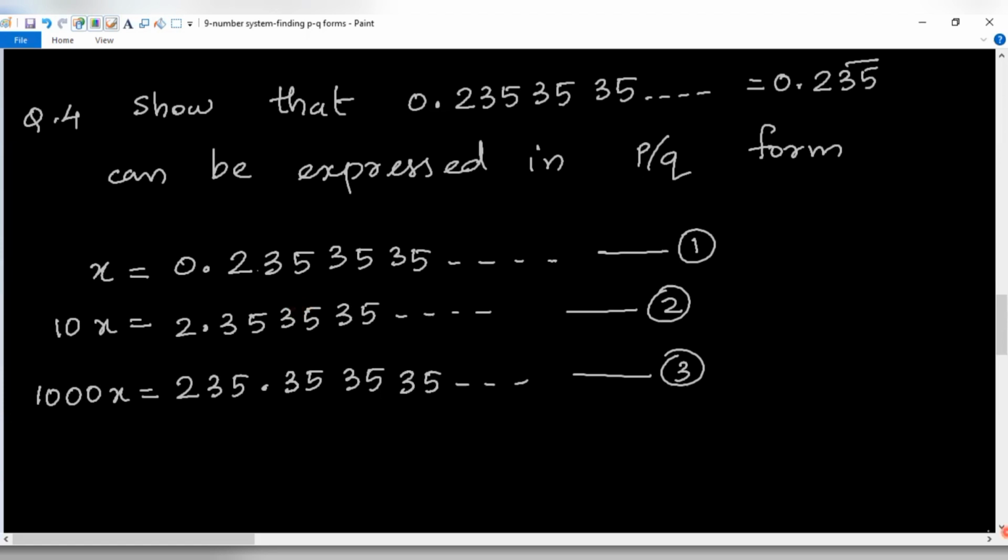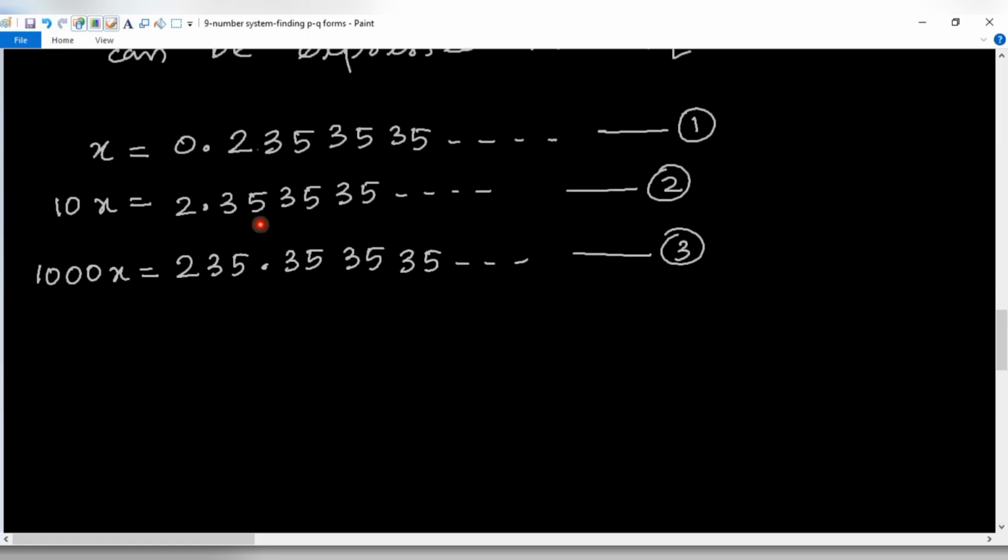That is the procedure we are following now. If we take the second equation from the third equation, we can remove the decimal part, since the decimal places are alike here. So I'm going to rewrite the second equation, 10x is equal to 2.353535, like that.